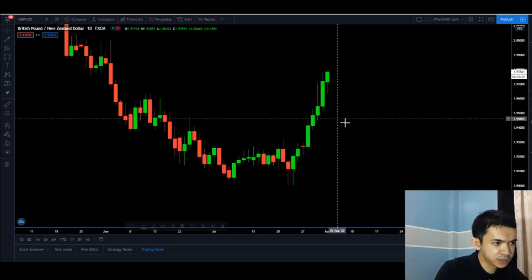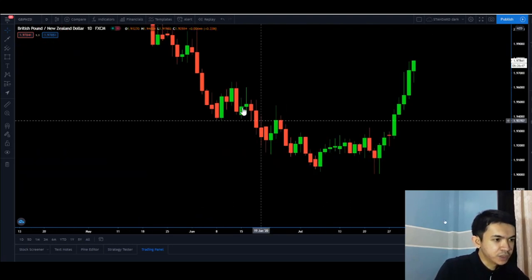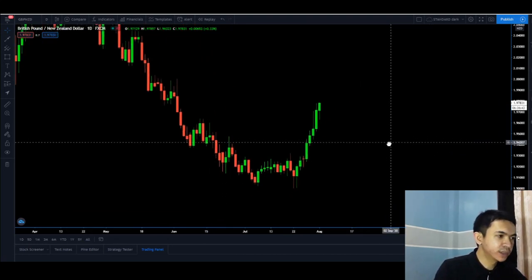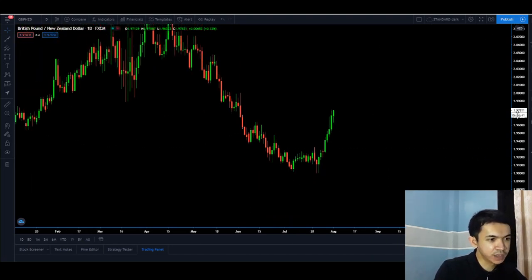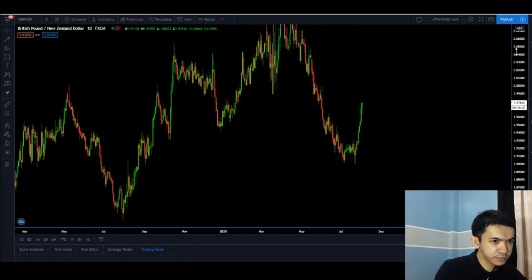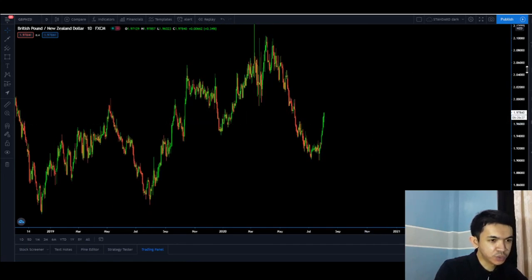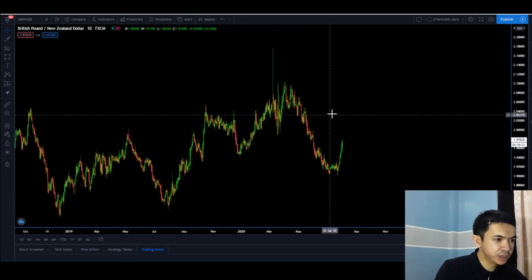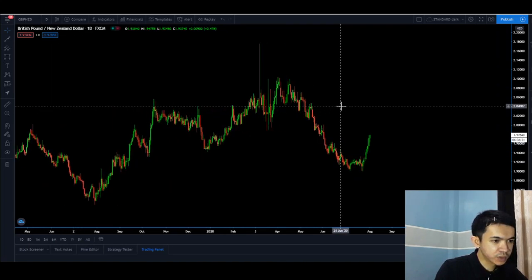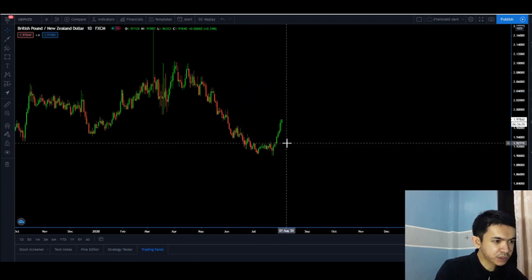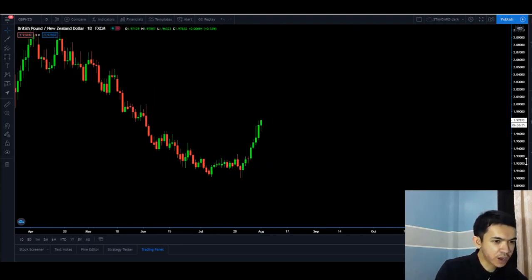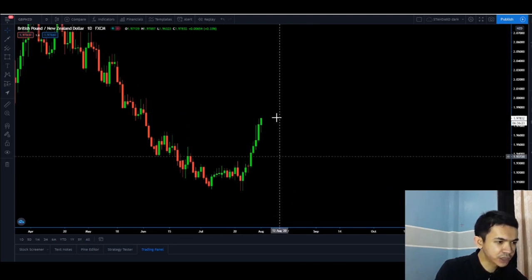Again, we are on a daily time frame, meaning one candle represents one day. If you look at the bigger picture, we can say that the price already moved upward, and our goal is how to catch this move.